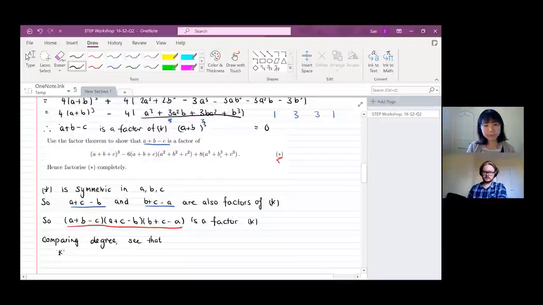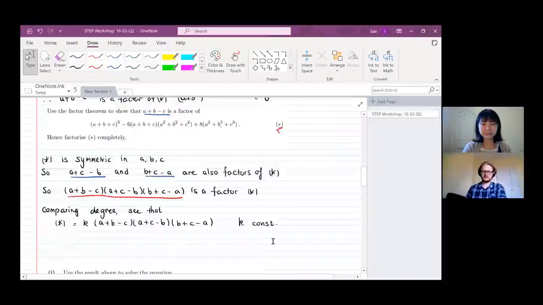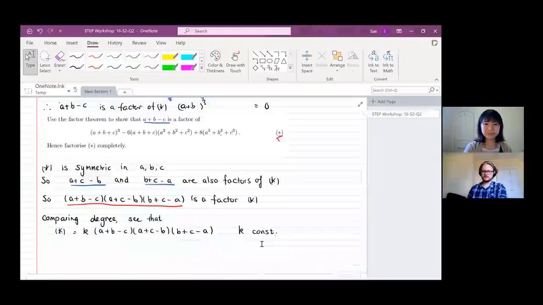So star is equal to k times (a plus b minus c)(a plus c minus b)(b plus c minus a). k is a constant. Now, how are we going to fix this constant? Yep, precisely.